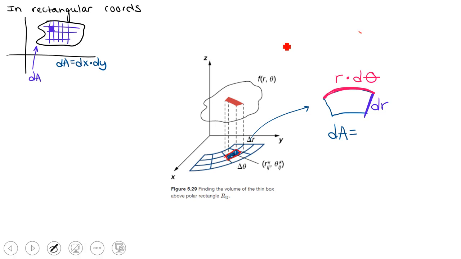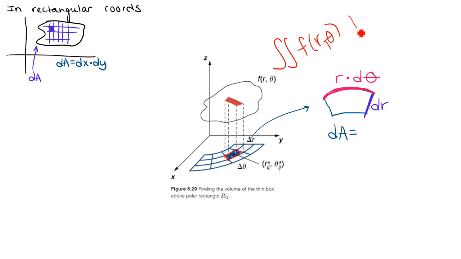So in our integral, we're going to be integrating our function, our z values. We'll write that as a function of r and theta. And then we're going to be multiplying that times dA. But in polar coordinates, the dA, the area of this tiny little segment, we're going to treat it like a rectangle because they're getting infinitesimally small.